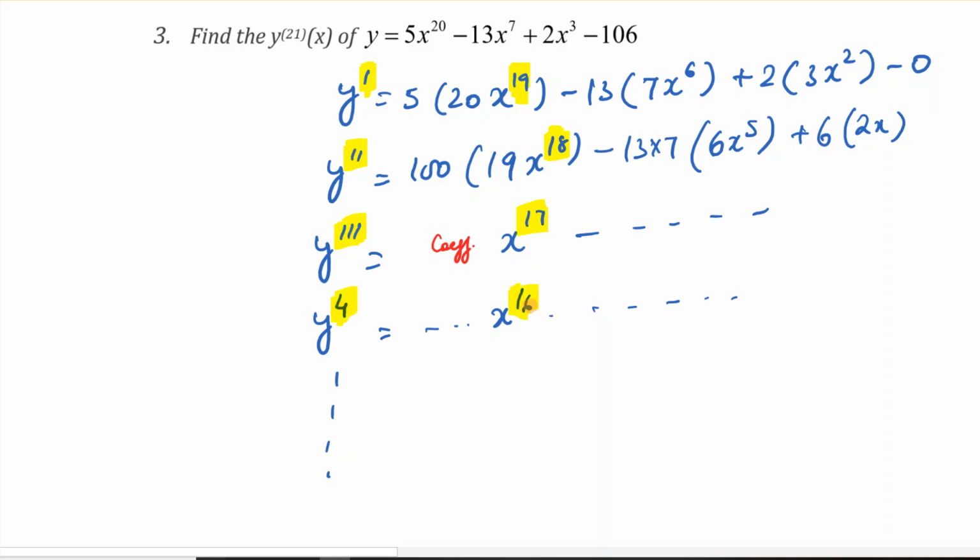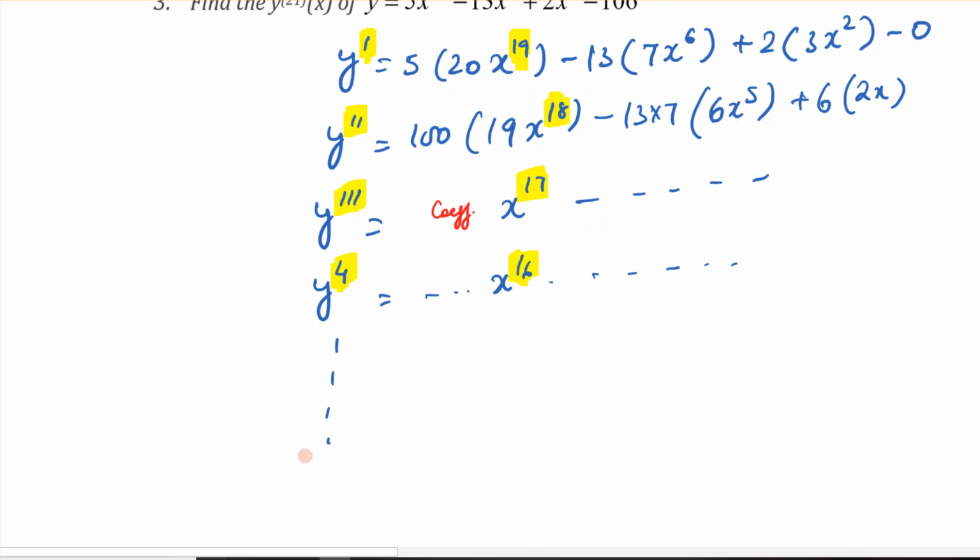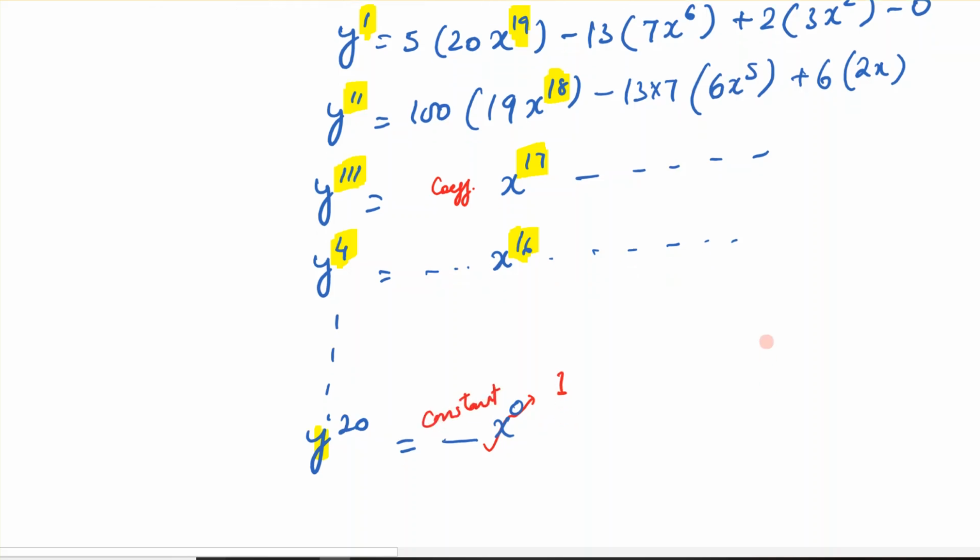So if we have the 20th derivative, in this case y raised to power 20, then we're going to get some coefficient, and we're going to get x raised to power, the sum should be 20, right? So x raised to power 0, and x raised to power 0 is just 1. So it means in the end you're going to have a constant term.